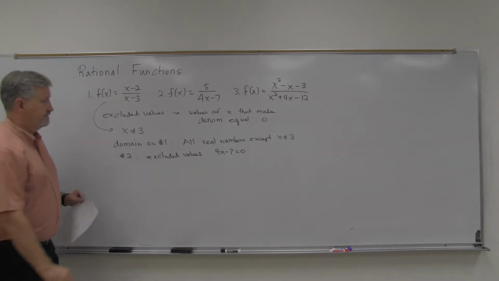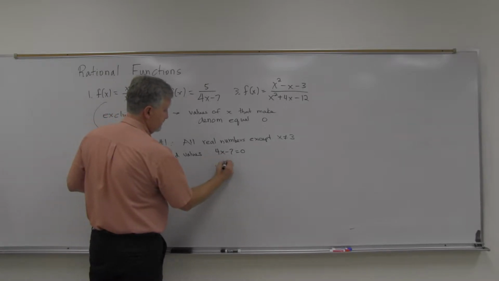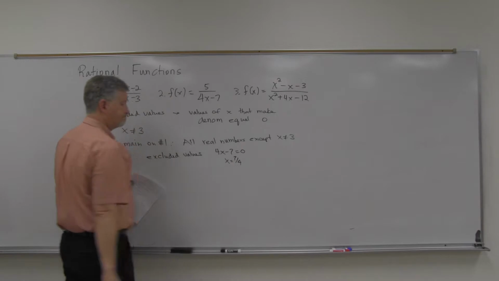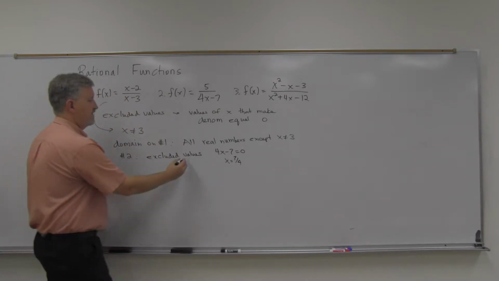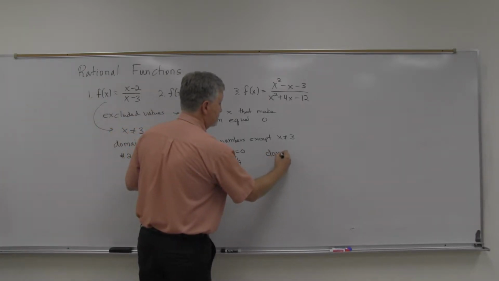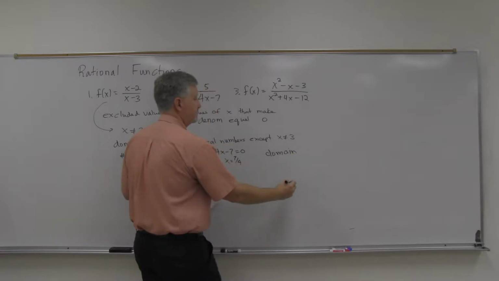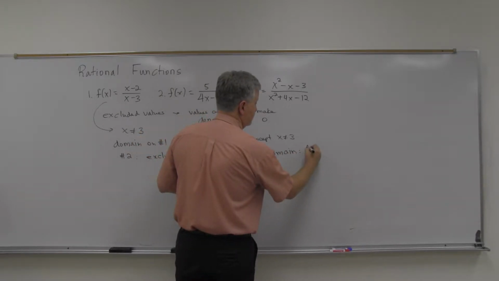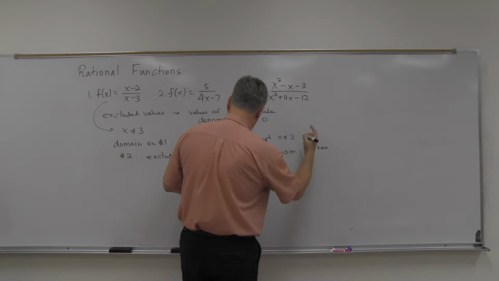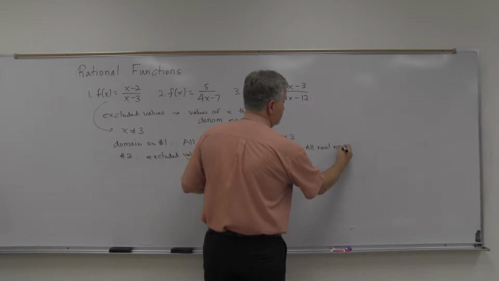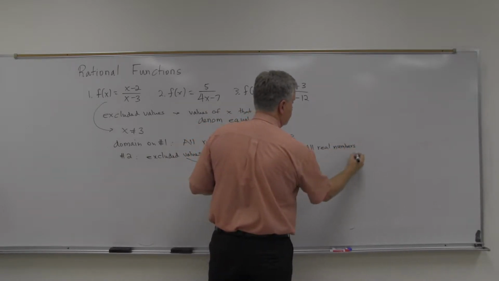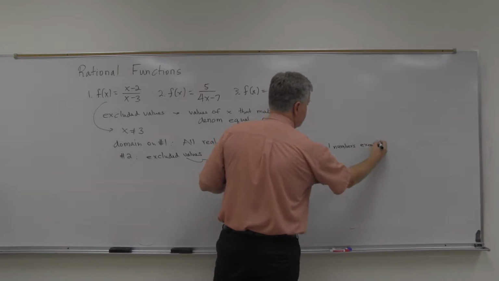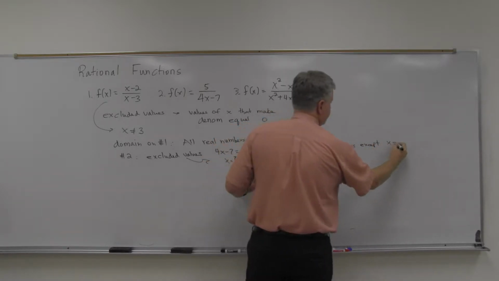You just can't have the denominator equal 0, and so add 7 divided by 4, that would be 7 fourths. That would be the excluded value, and so that means the domain would be all real numbers except 7 fourths. Something like that.